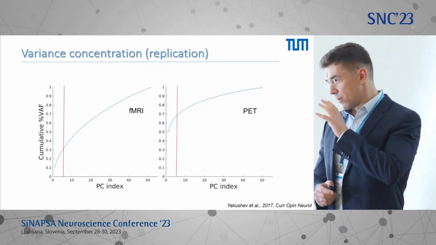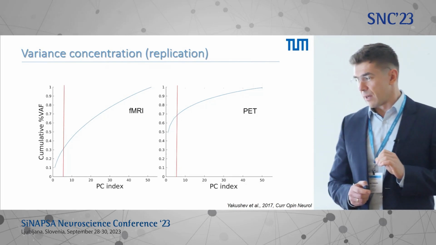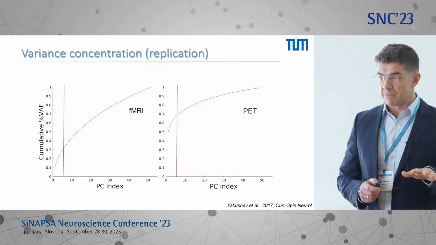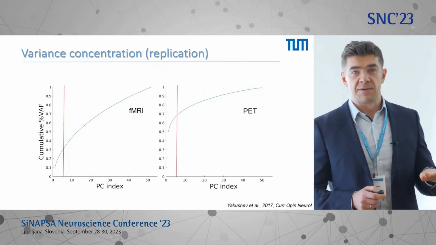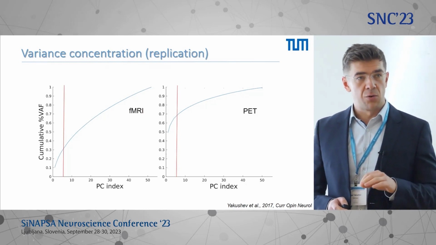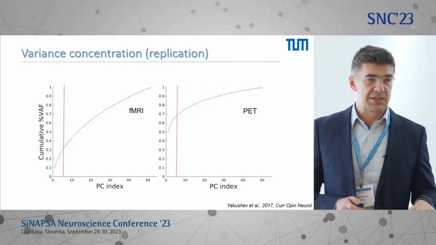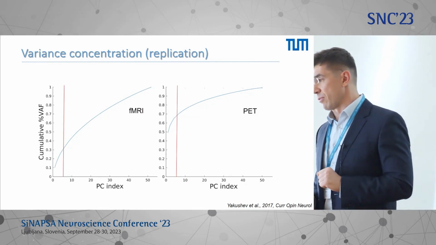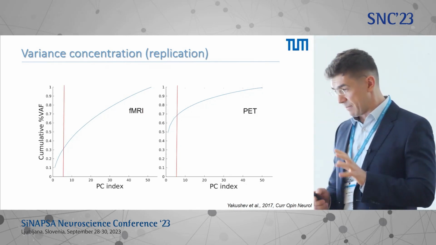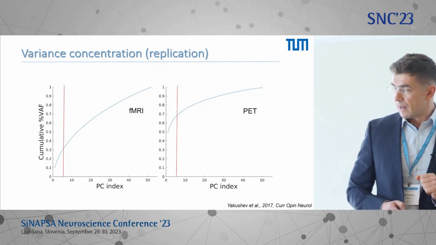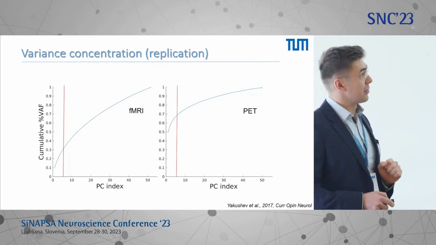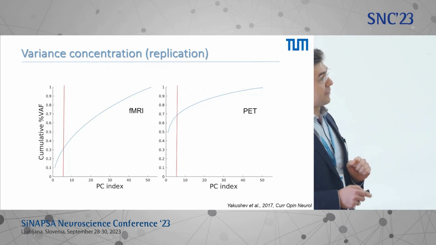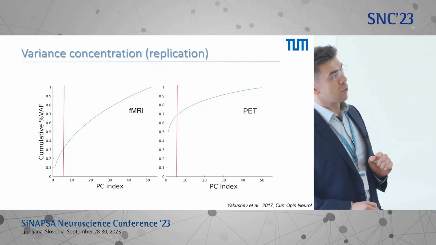Yeah, it's a rather old study where we compared in the same subjects. These are the same 54 subjects who have been scanned simultaneously in the PET-MR. So fMRI data and PET data were acquired simultaneously in the same subjects, and we see the cumulative concentration of variance and the number of principal components.